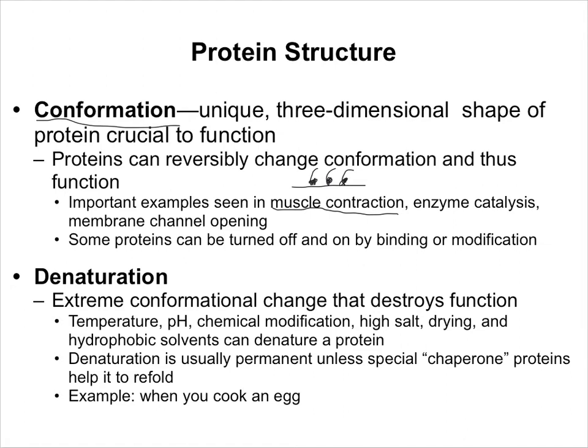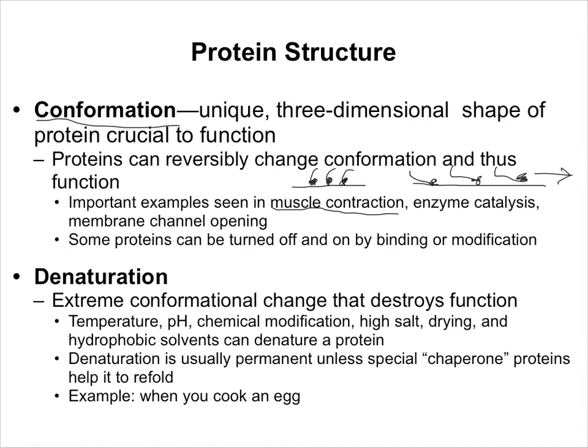And when they bind calcium, they all do this, and they move like that. And that forces movement in this direction. That's an oversimplification, as we'll see, but that's basically what happens, and that conformational change on calcium binding is what's going to allow your muscles to move.